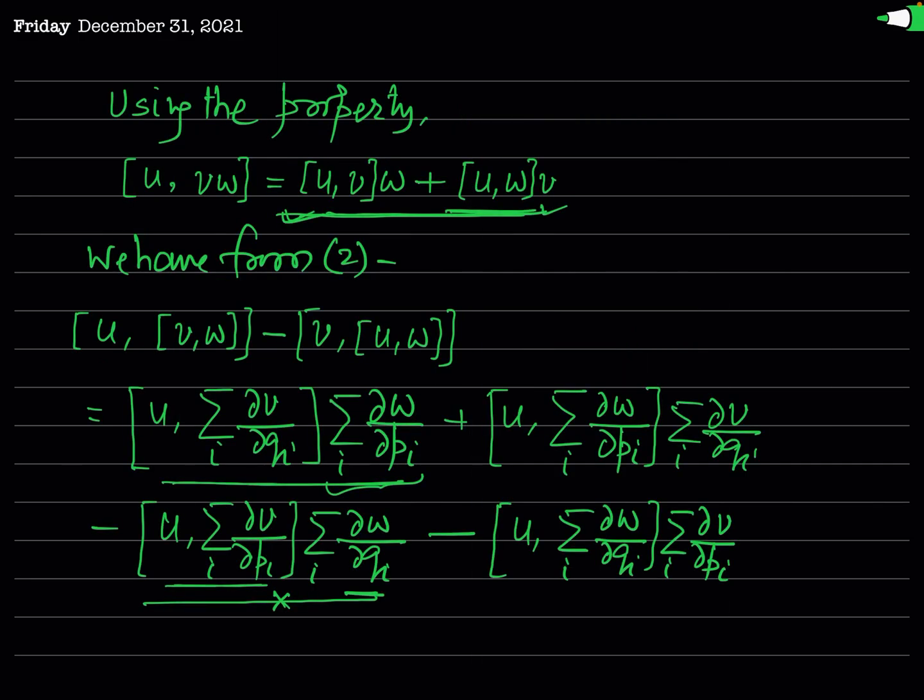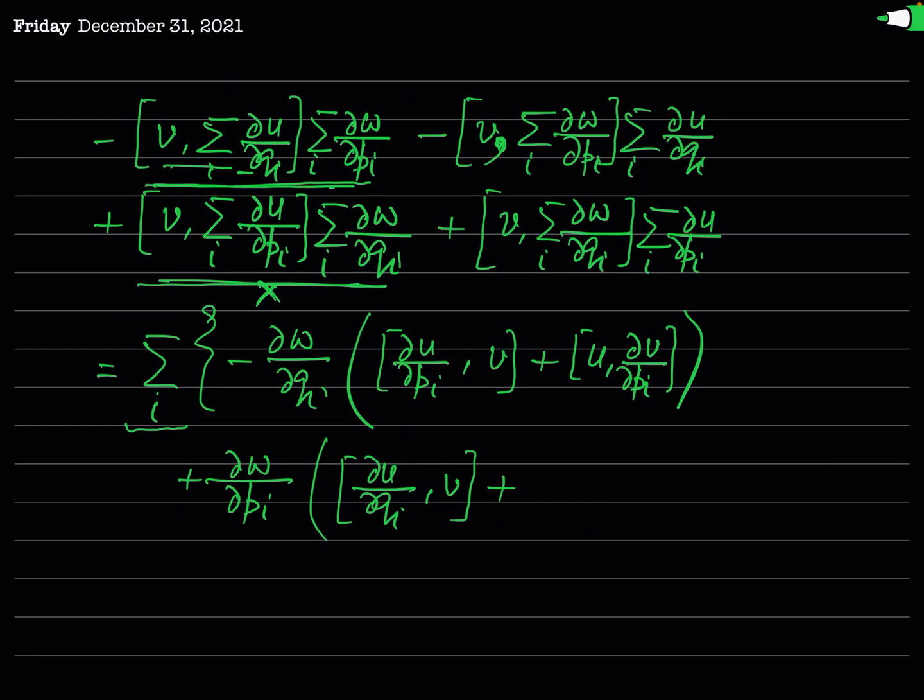This contains summation over i del w by del pi, and this is already positive. So here the order of the variables inside the Poisson bracket will remain the same. So this is Poisson bracket of u and del v by del qi. This summation over i is applied for all of these terms.